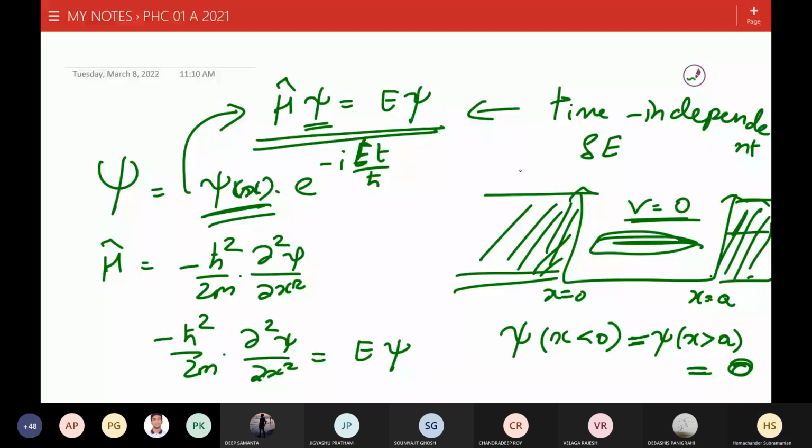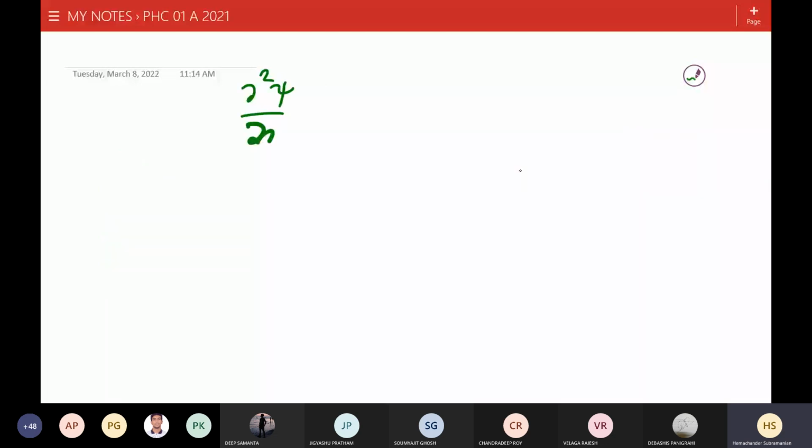What is the solution for this equation? Let's reframe it: dou squared psi by dou x squared equals minus 2mE over h bar squared psi.